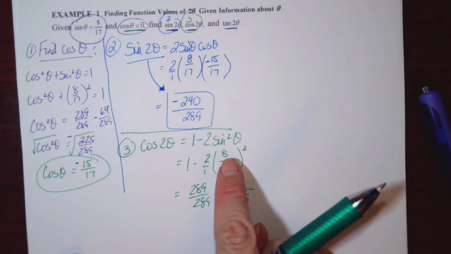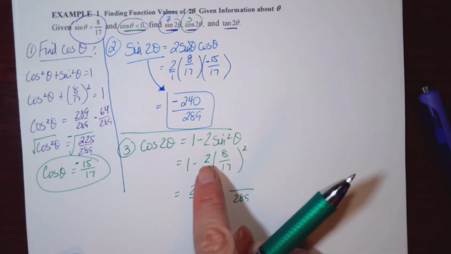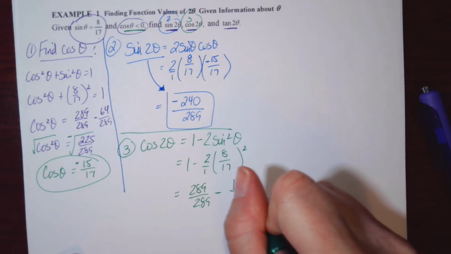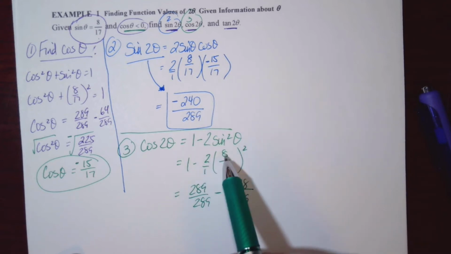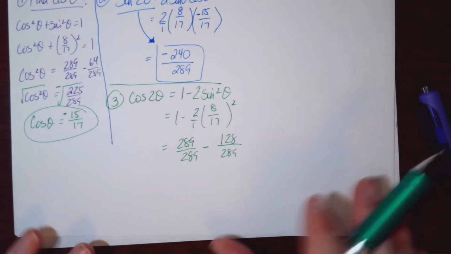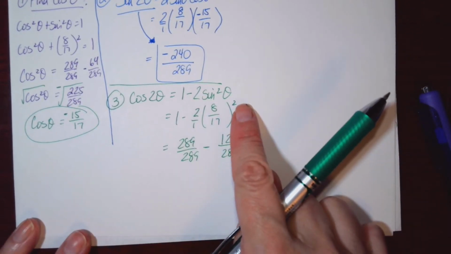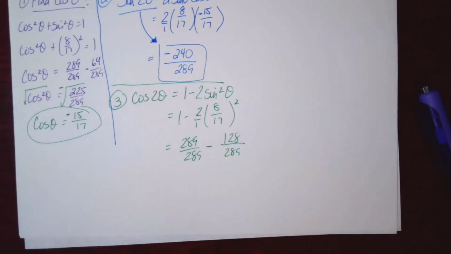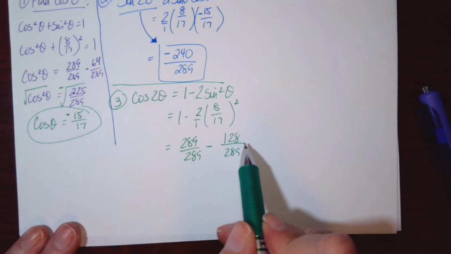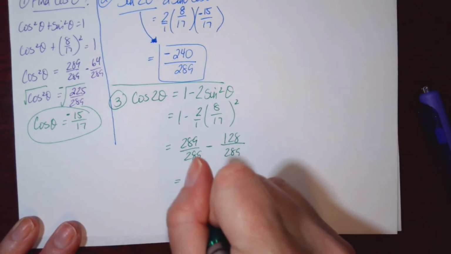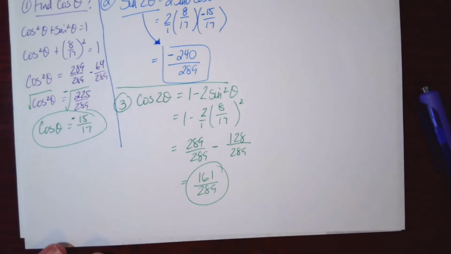Order of operations. 8 squared is 64 times 2 is 128. Yep, 128. If I did 2 times 8 is 16 and then squared it, I would get the wrong answer. So make sure that you follow your order of operations, parentheses and exponents first, and then I multiply and divide. Okay, 289 minus 128 is 161 over 289.